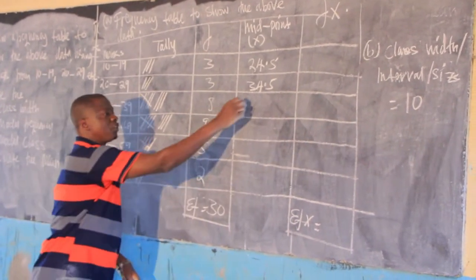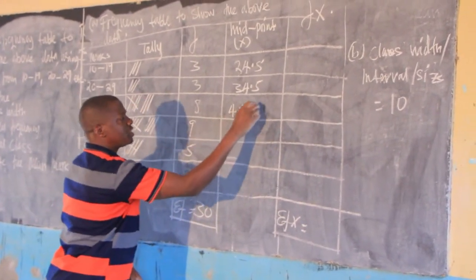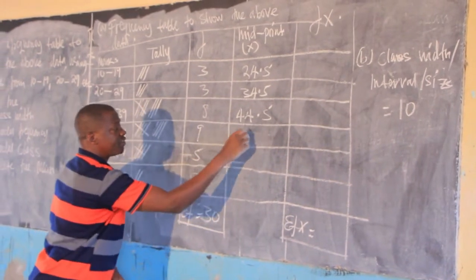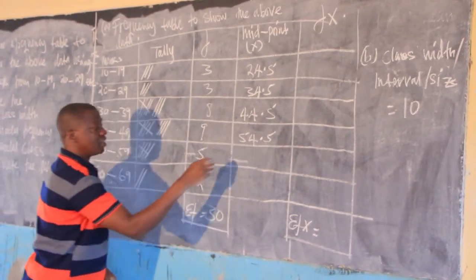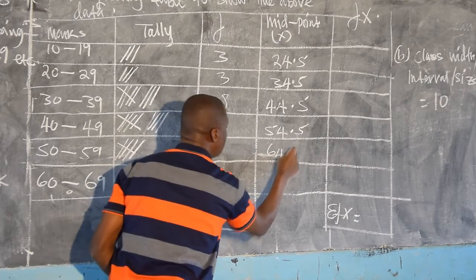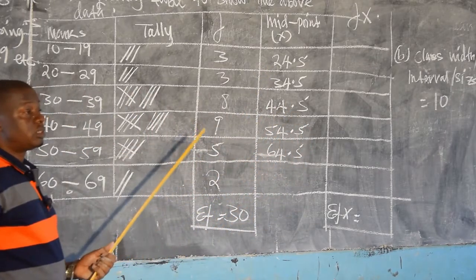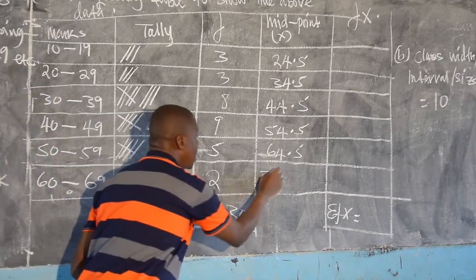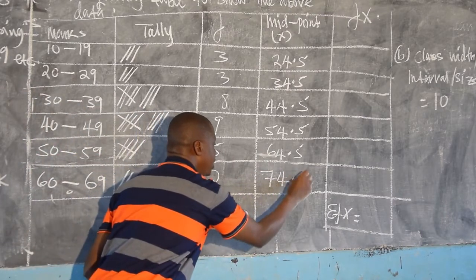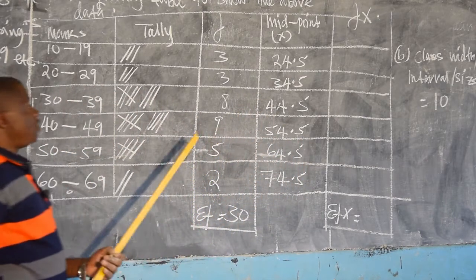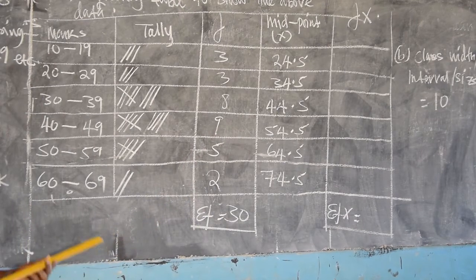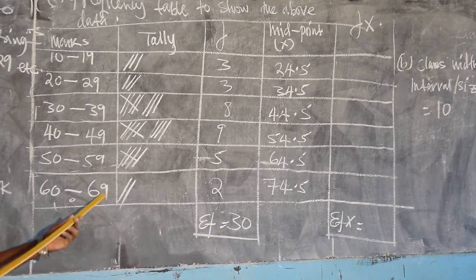So this one is 44.5, 54.5, 64.5. The addition figure is 10, 10. Okay? Even here, 74.5.